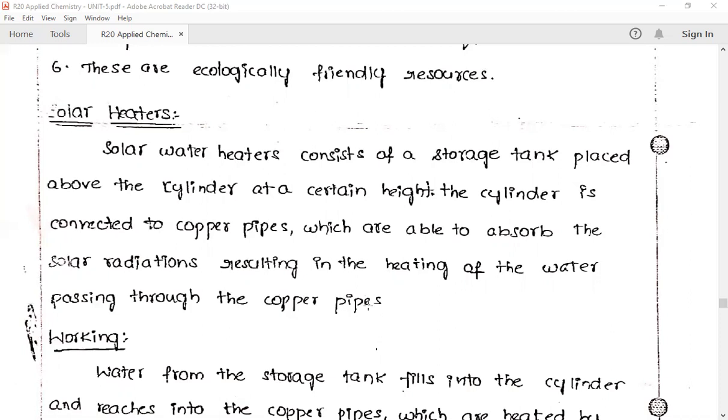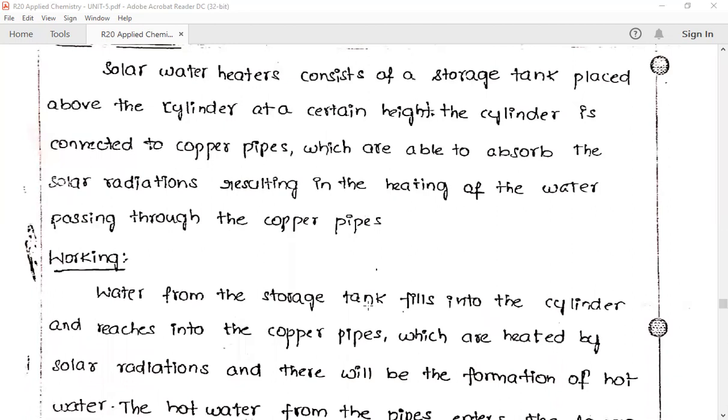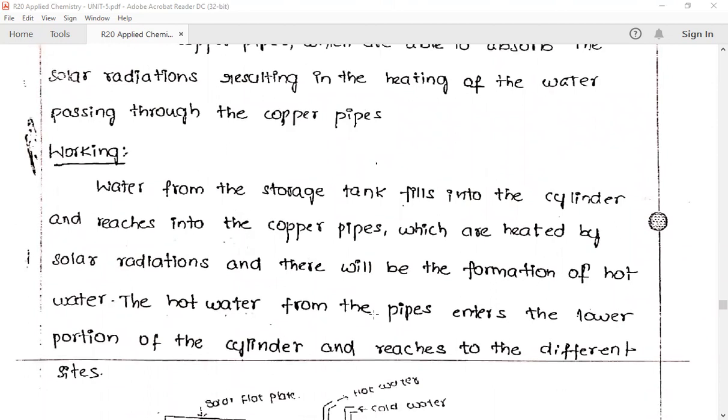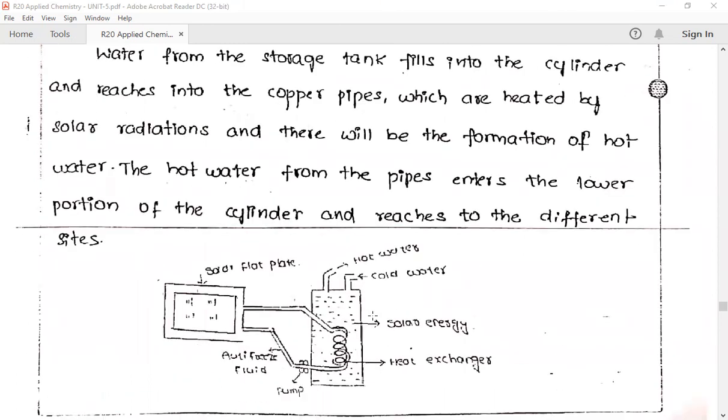There are different types of solar heating systems like direct and indirect systems, passive and active systems, passive direct system, and active direct system. Coming to the working of the solar heaters, see here, this is a diagram.